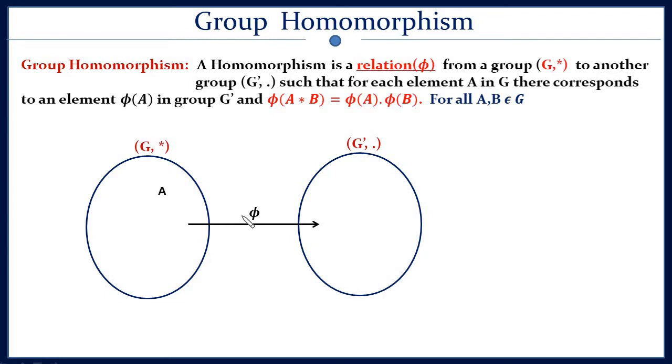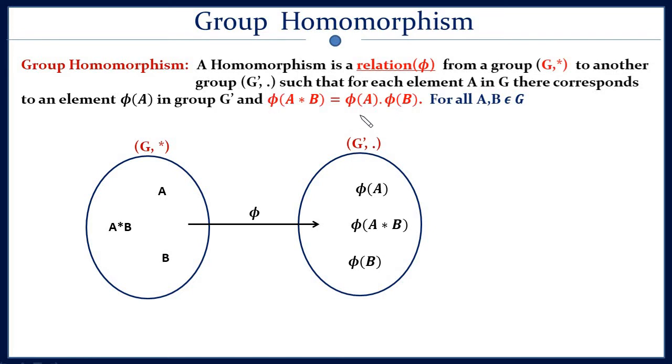For any element a in this group G, we must have phi(a) in this group G prime. Okay. Now we know G is a group. Therefore, for any two elements a and b in this group, we must have a star b in the same group G. Now, due to this relation, we must have phi(a star b) in this group G prime. So we are done with this first line.